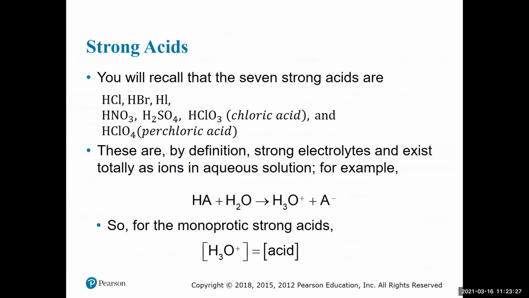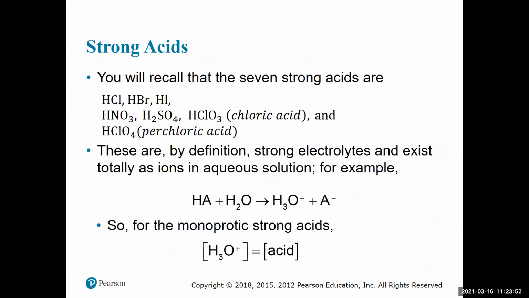All right, well, let's talk a little bit more about acids, whether it's a strong acid, a weak acid, and what we mean by that. So here we have listed 7 strong acids: HCl, HBr, HI, nitric acid, sulfuric acid, chloric acid, perchloric acid.